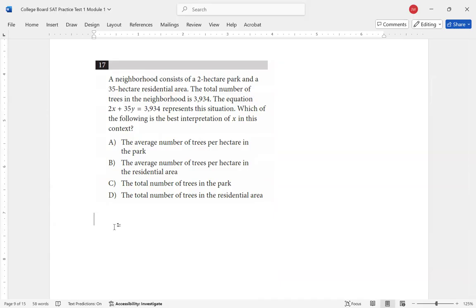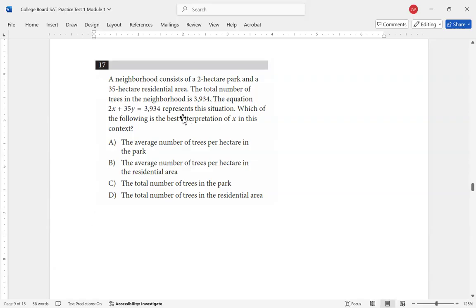Question 17 says a neighborhood consists of a 2-hectare park and a 35-hectare residential area. I'm probably pronouncing that wrong. I always think of acres, so sometimes I emphasize different syllables. But anyways, 2-hectare park and a 35-hectare residential area.